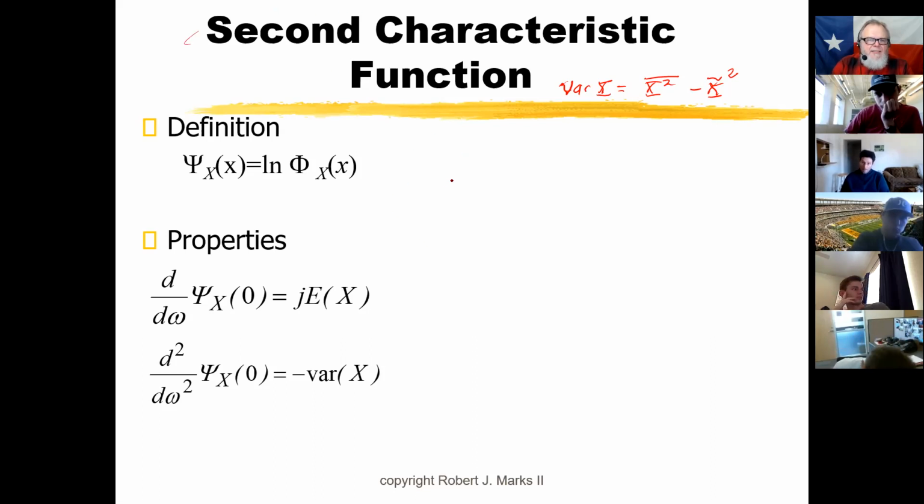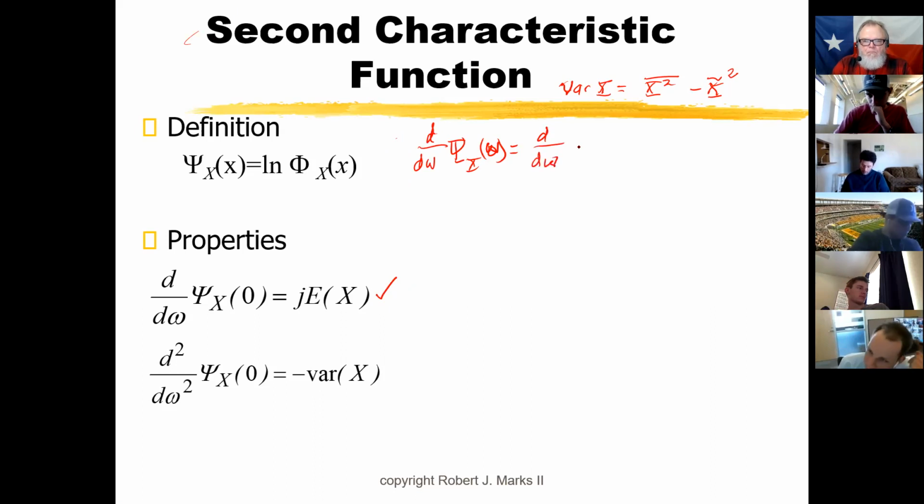One of the things is the following: the derivative of the second characteristic function, let's look at that, with respect to omega, is equal to the derivative of the logarithm of the first characteristic function, right?